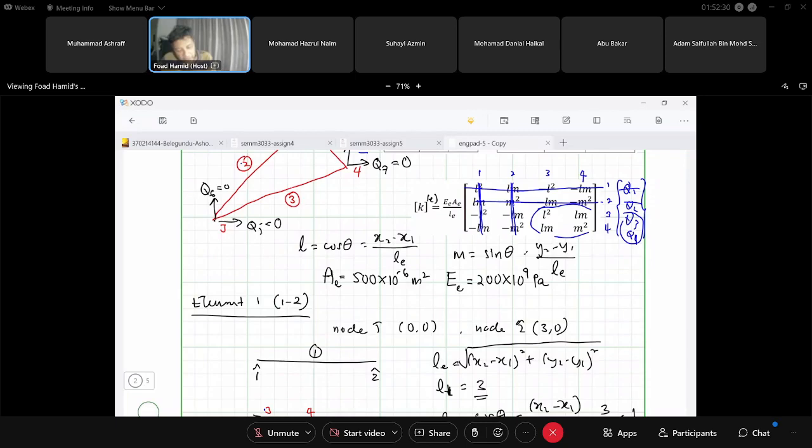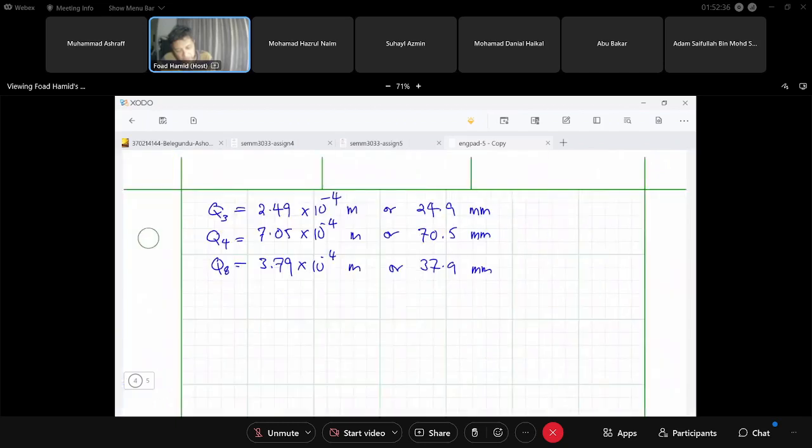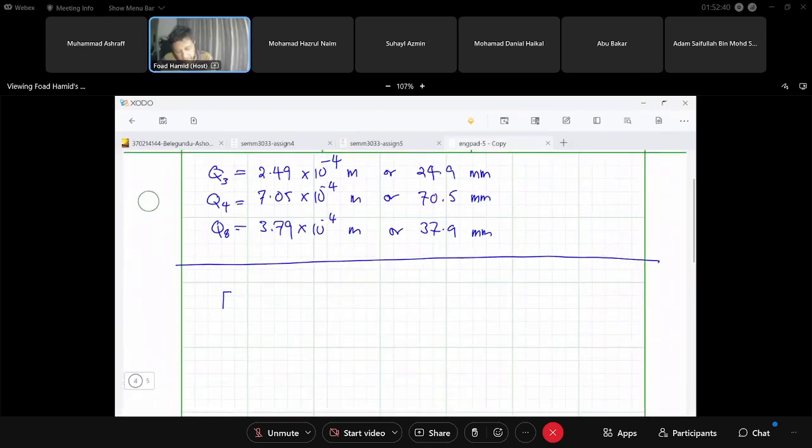Okay, so let's look at the overview first. Note that when we are doing the full matrix, for example, we have 1, 2, 3, 4, 5, 6, 7, 8, and of course we have Q1, Q2, Q3, Q4, Q5, Q6, Q7, and Q8. So we are doing the full matrix.